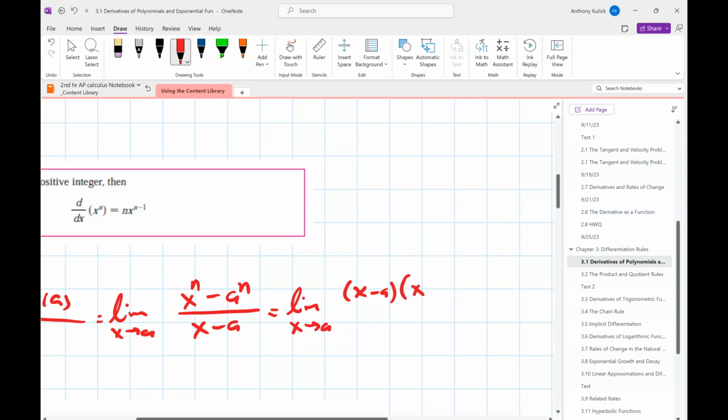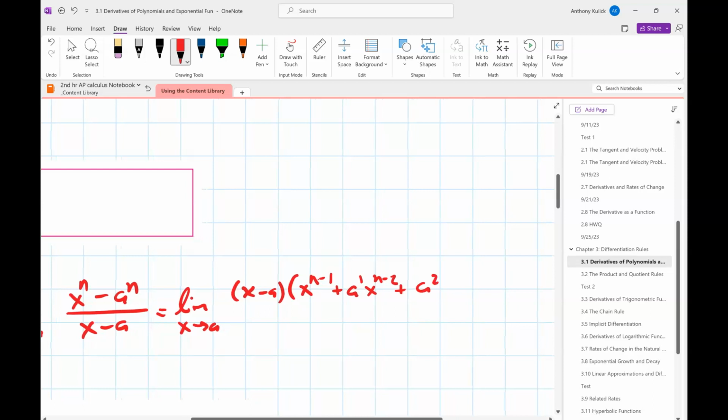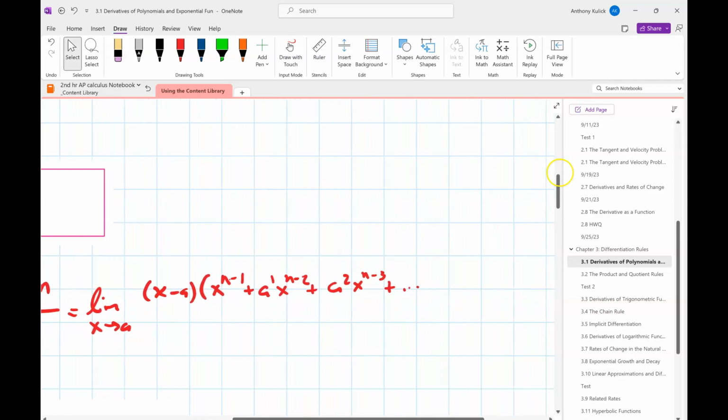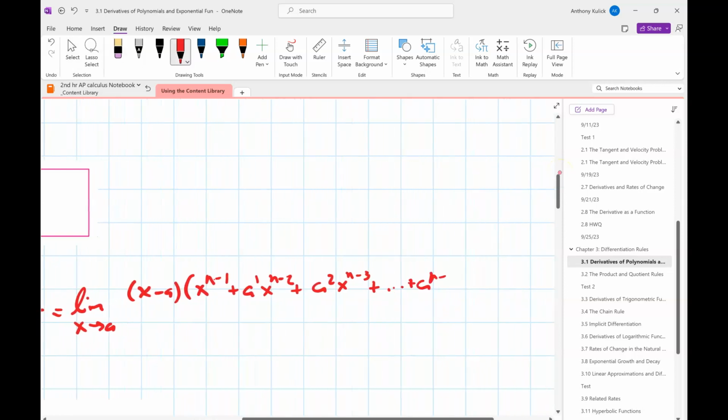Yeah, okay. x to the n minus 1 plus a to the first times x to the n minus 2 plus a squared x to the n minus 3, all the way down to a to the n minus 1 times x plus a to the n.